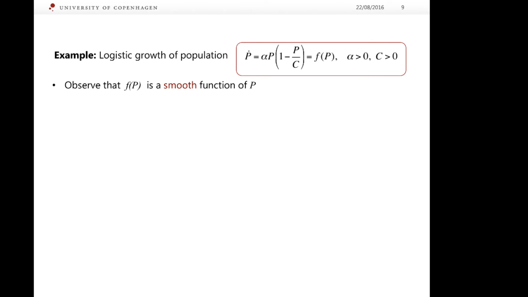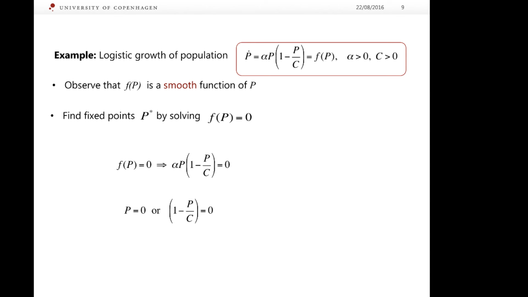First of all, we need to observe that the right-hand side of this differential equation represents a function of p which is smooth. Smooth means differentiable. Then we need to find fixed points of this equation by setting to 0 the right-hand side f of p. Let us do this. So we set to 0 the product of two terms, alpha p and 1 minus p over c. And it is immediately obvious that we have two solutions to this equation.